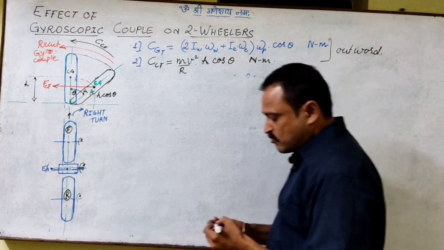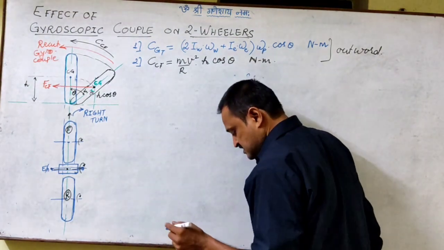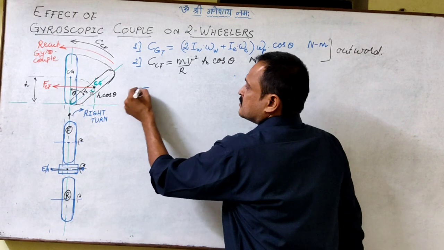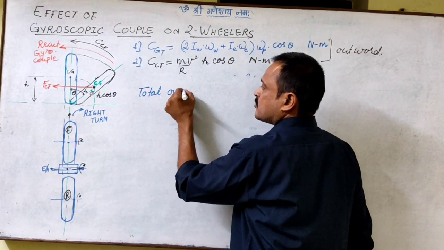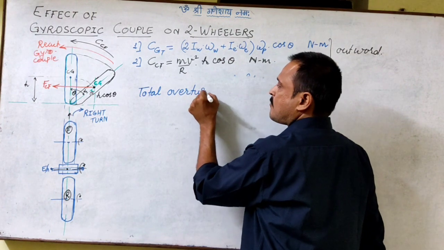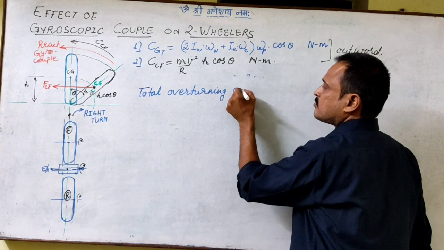Right? So what will be the total magnitude of the total overturning couple?